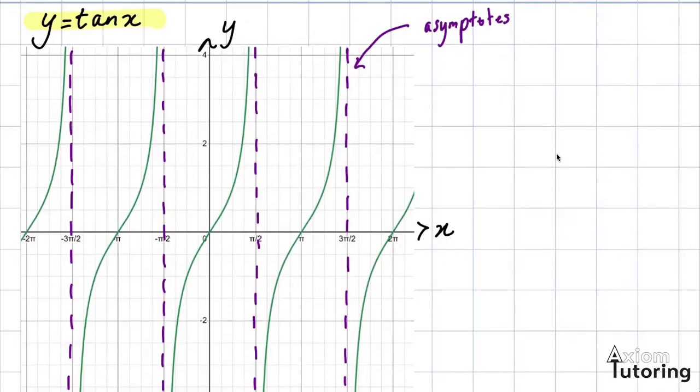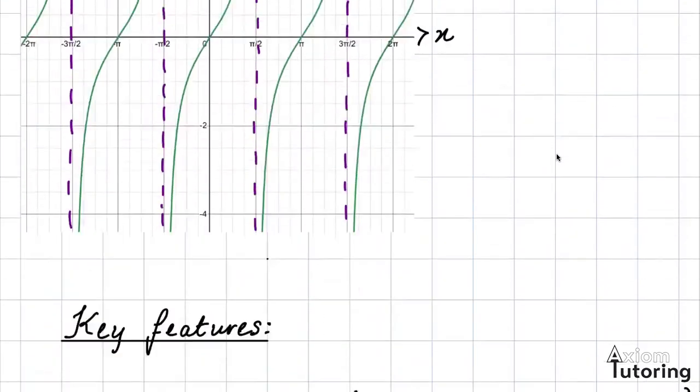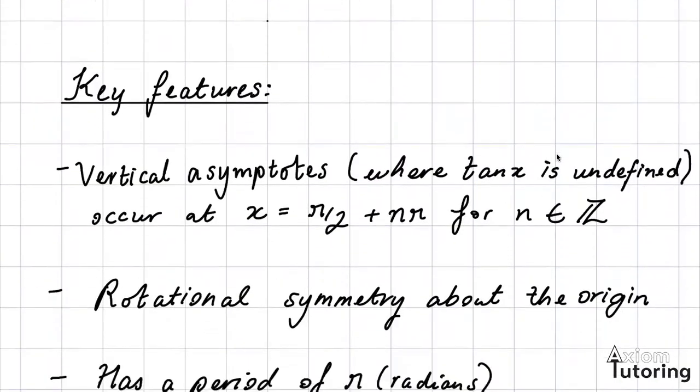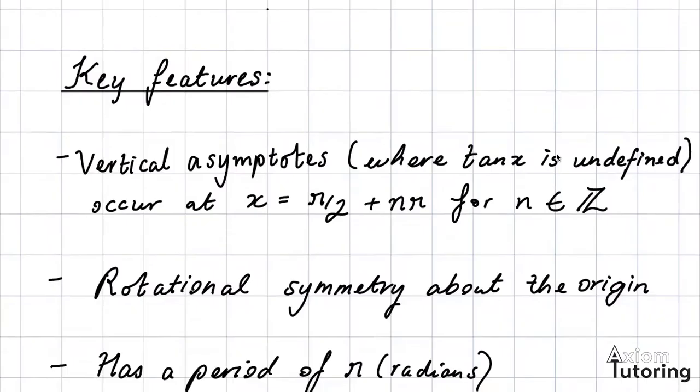If we have a look here, I've highlighted the key features that the tan graph has: it has these vertical asymptotes, and this is where tan x is undefined. These occur at values of x equal to pi over 2 plus n pi, for values of n where they are all integers.